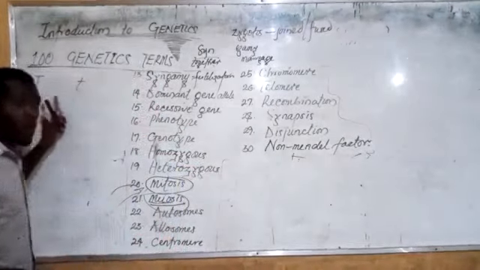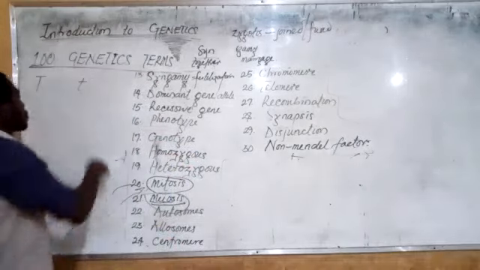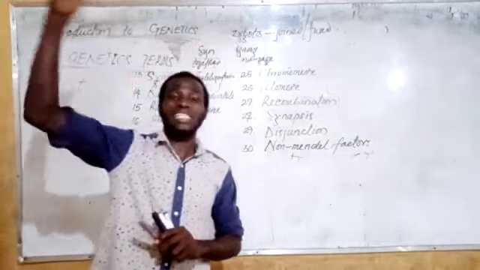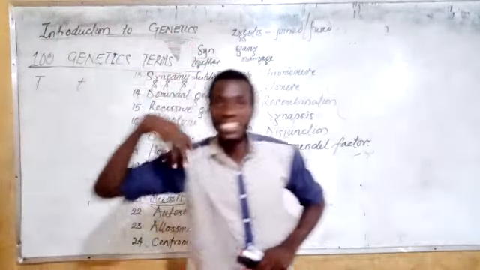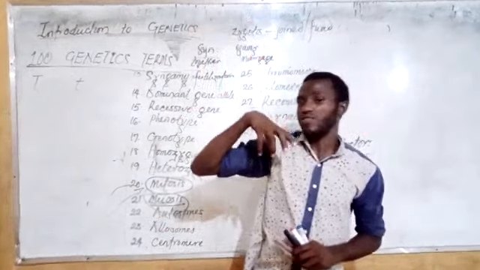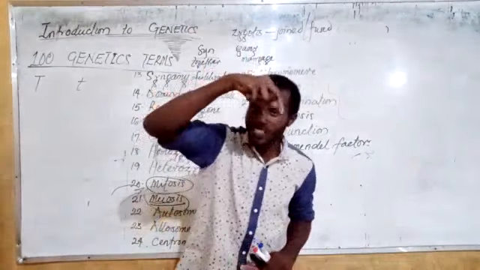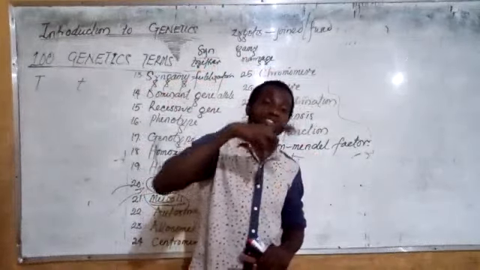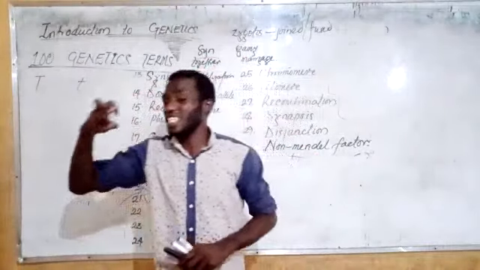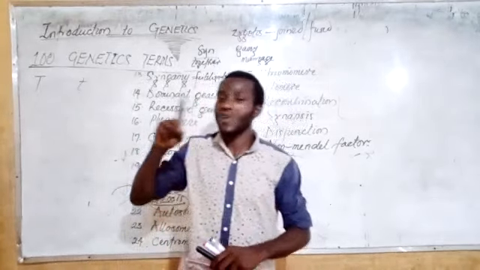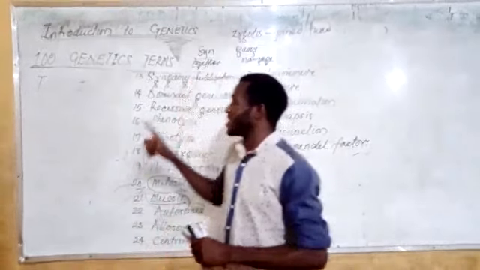Remember, they both code for height. So if the person appears to be tall, it means that tallness is dominant over shortness. And if the person is short, it means that shortness is dominant over tallness. Yes, there is a possibility that shortness is dominant over tallness. It is not only in the recessive form.